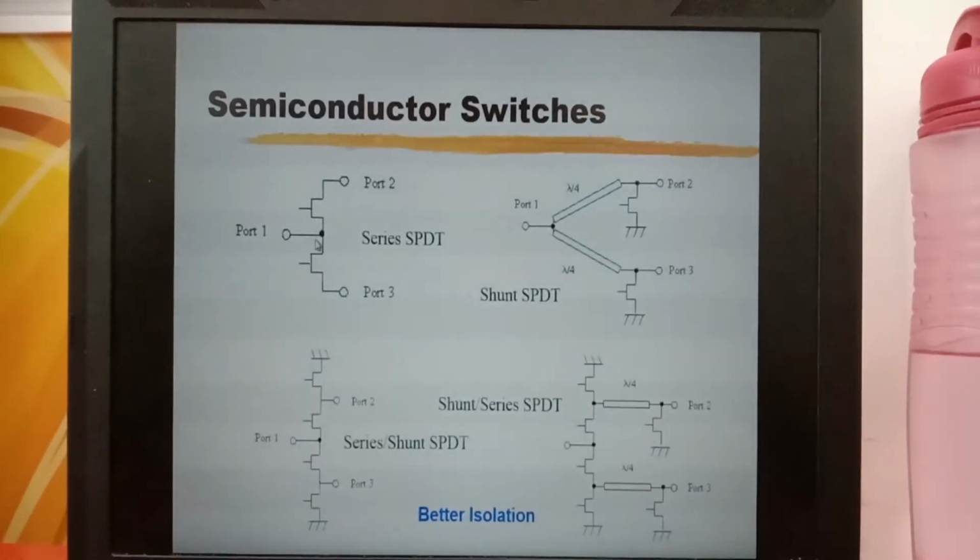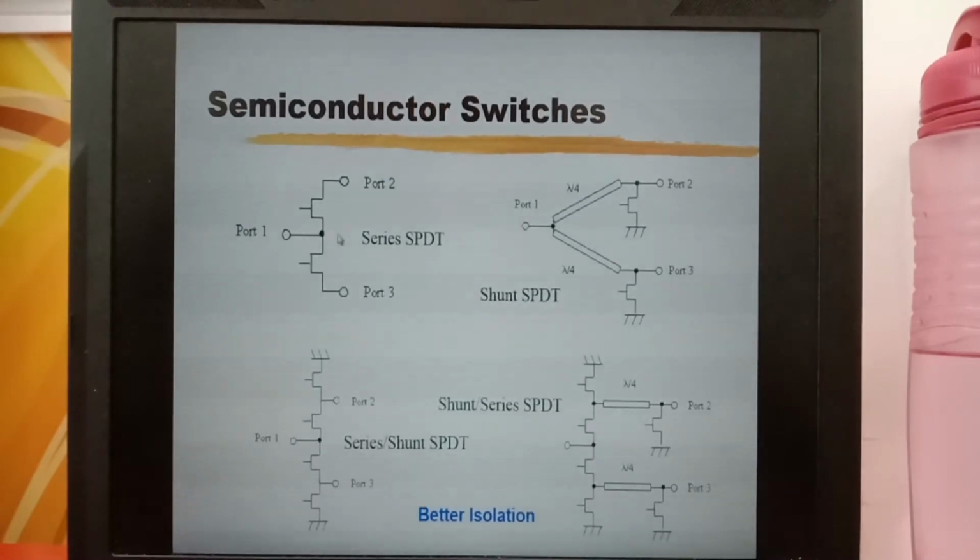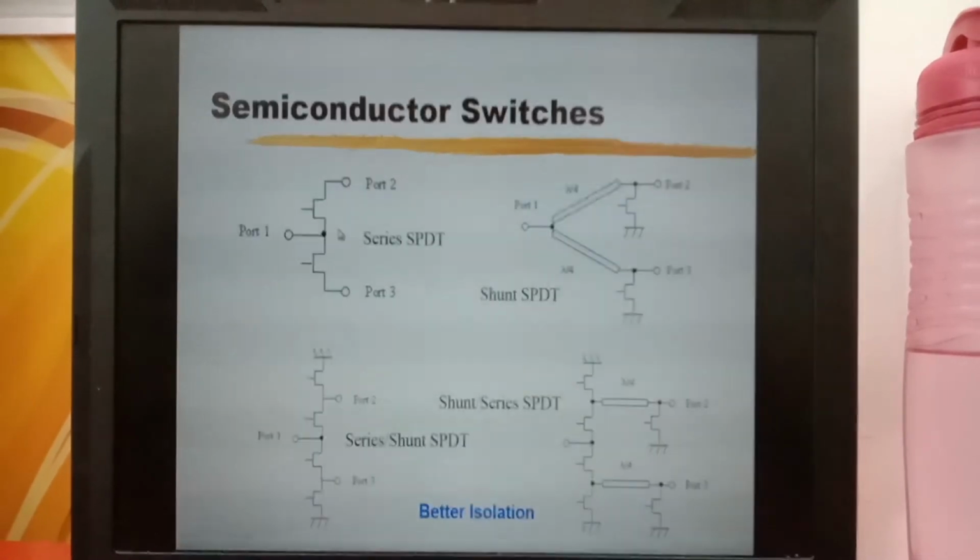However, the transistor may not be totally turned off, so typically there may be some leakage from port 1 to port 2 when the transistor is off.